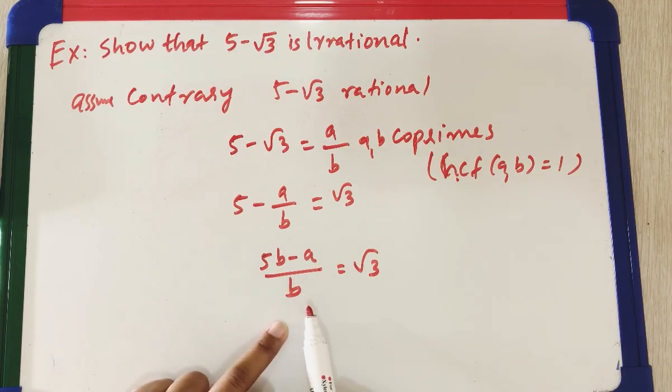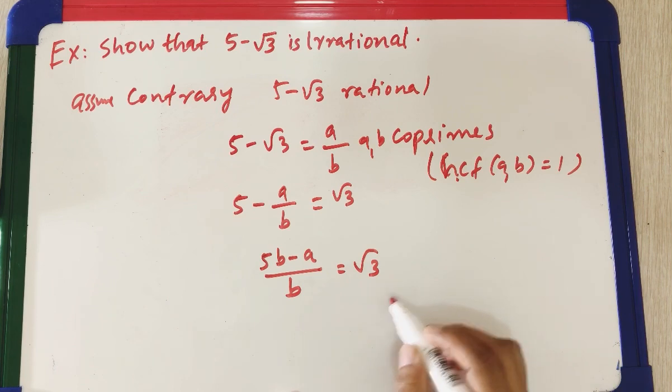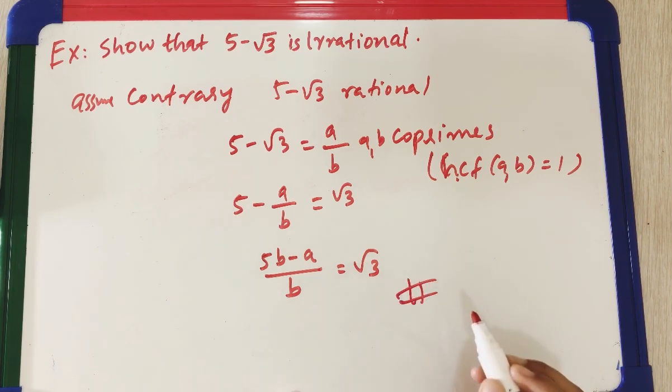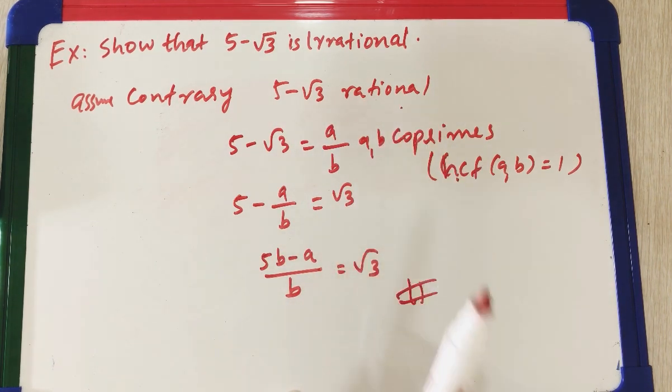Here B is non-zero. Therefore, it is of the form P by Q, Q not equal to 0, P and Q are integers. Therefore, we get root 3 is rational, which is a contradiction to the fact that root 3 is irrational. This contradiction is due to our false assumption that 5 minus root 3 is rational. Hence, 5 minus root 3 is irrational.